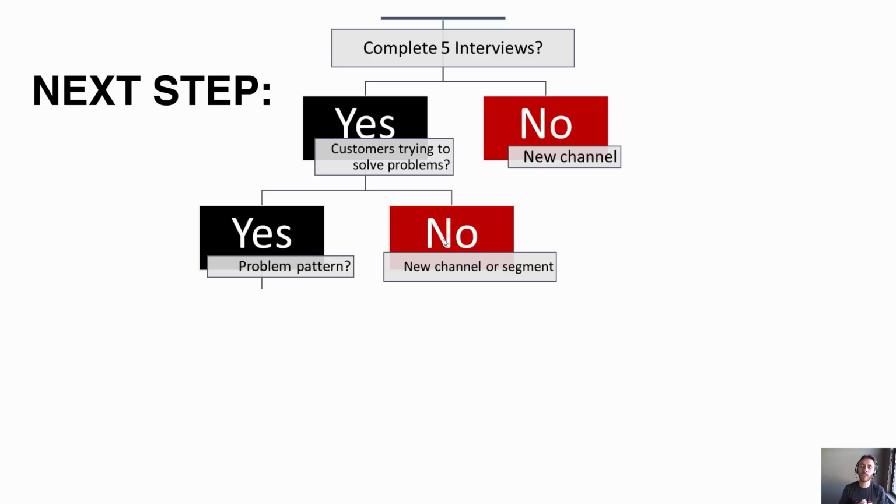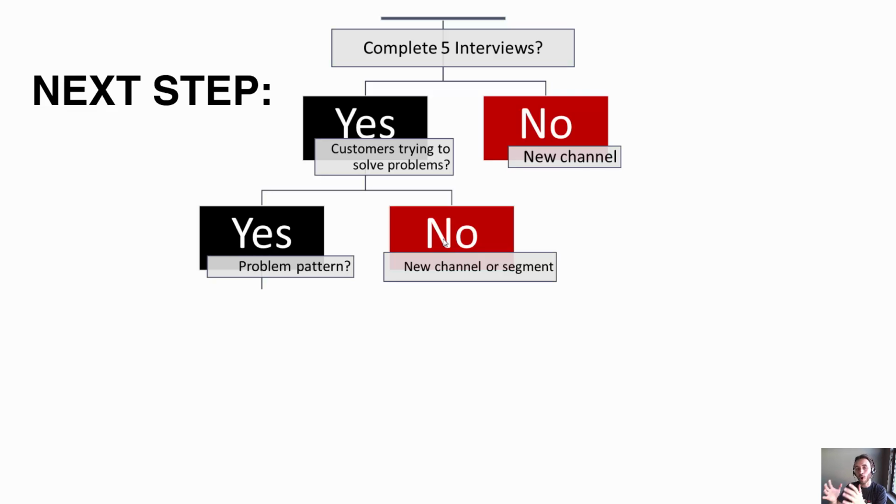It's not very often that you can have 5 conversations with people about the challenges they're encountering and have them not be trying to solve those challenges. So it's possible, but this is just a hint that you may be leading them down a path towards a problem that they are not interested in solving.